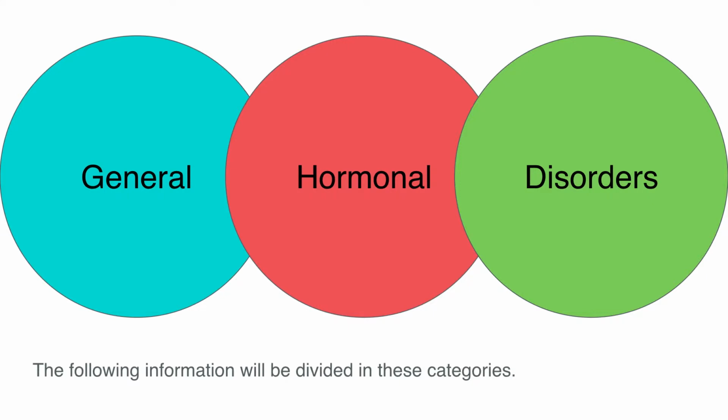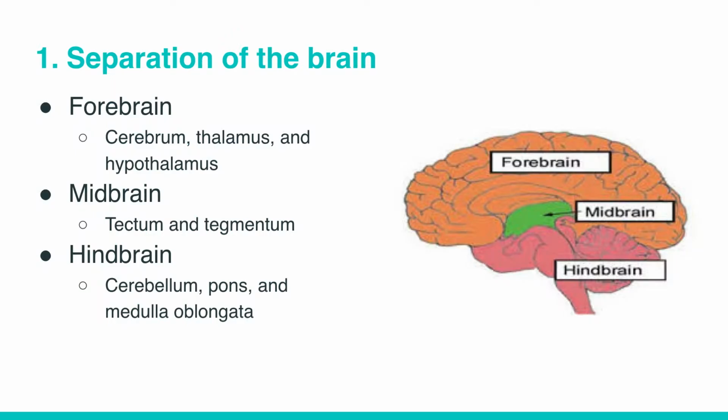Next, we're going to break up all of the hypothalamus information into three categories: general, hormonal, and disorders. Just some general information, let's talk about the separation of the brain. There are three main categories of the brain: the forebrain, shown here in orange, the midbrain shown in green, and the hindbrain shown in pink.